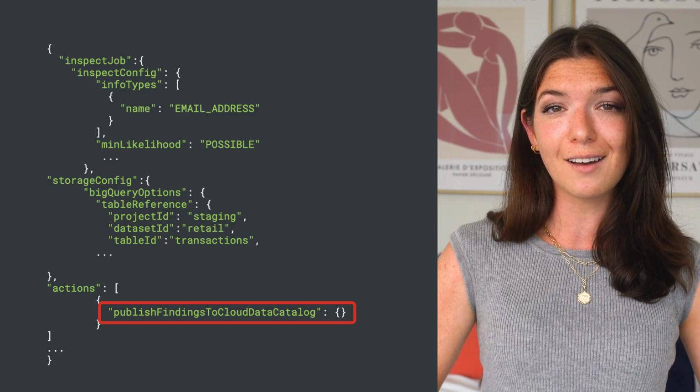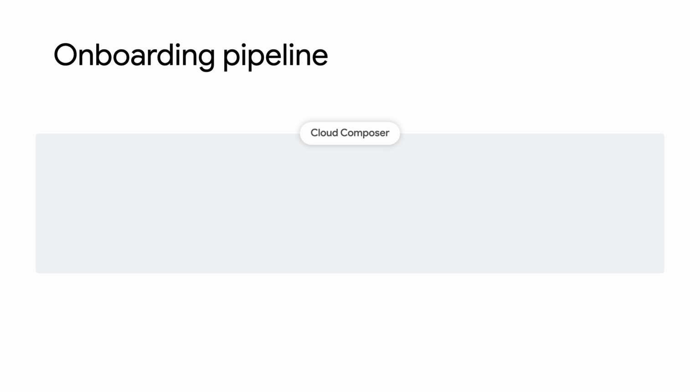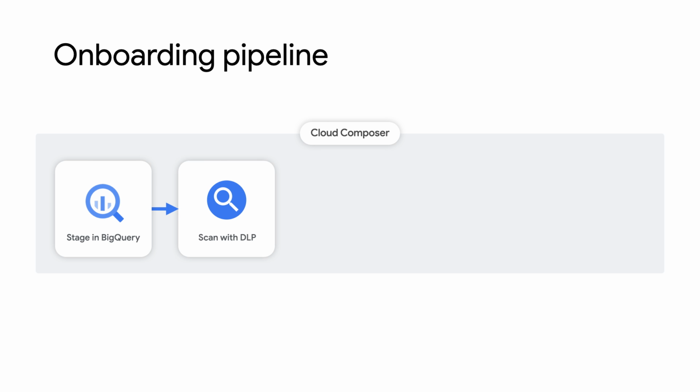into Data Catalog. Many BigQuery users choose to leverage an orchestration tool, like Cloud Composer, to build data onboarding pipelines. For example, you might load your transactions data in a lockdown staging project inside of BigQuery, and kick off a DLP scan when new comments are added. The results will be listed in the staging table's metadata inside of Data Catalog.